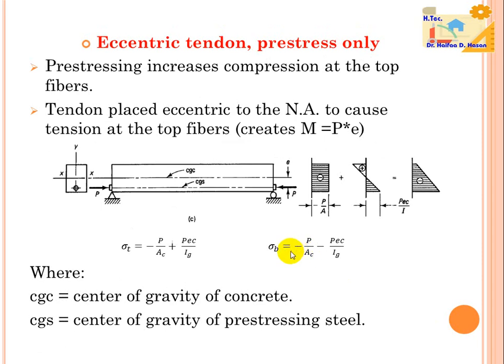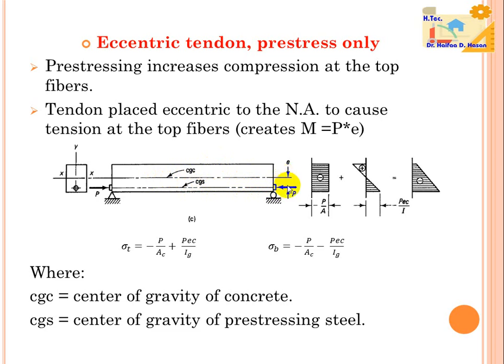And in this figure we can see the eccentric tendon prestressing force applied to the member. Prestress increases compression at the top fiber. The tendon is placed eccentric to the neutral axis, and we can see here the center of gravity of concrete and here the center of gravity of the prestressing force.